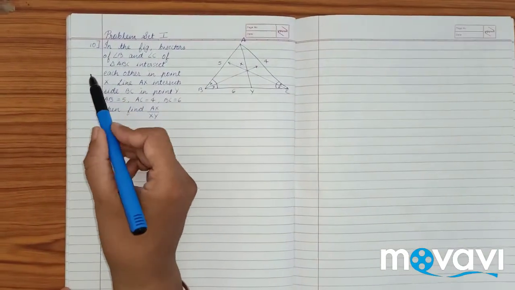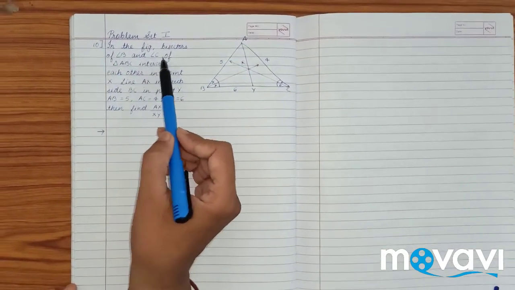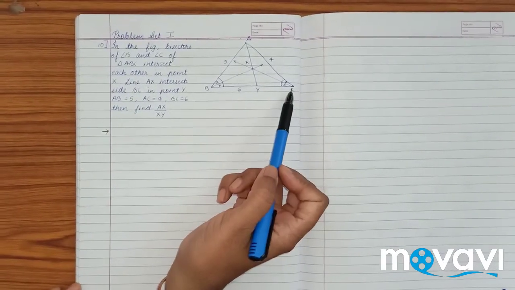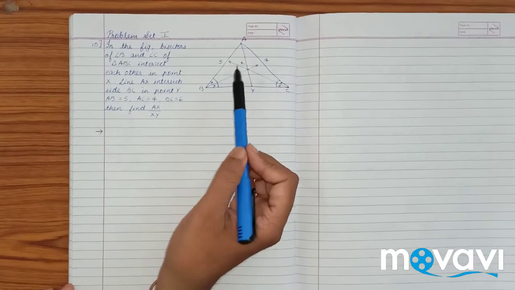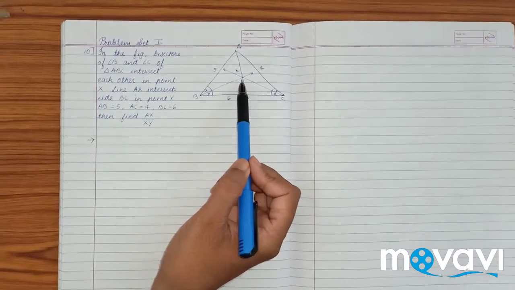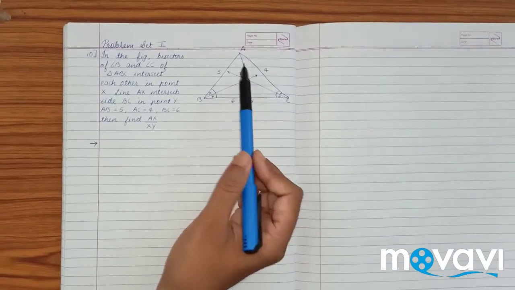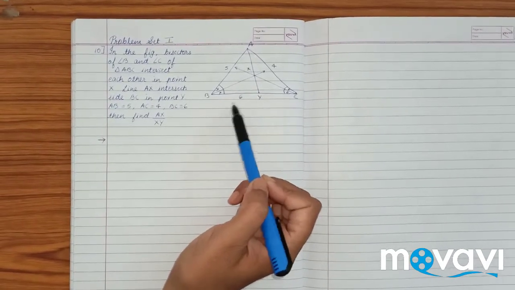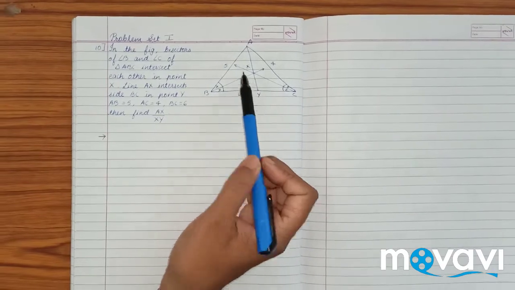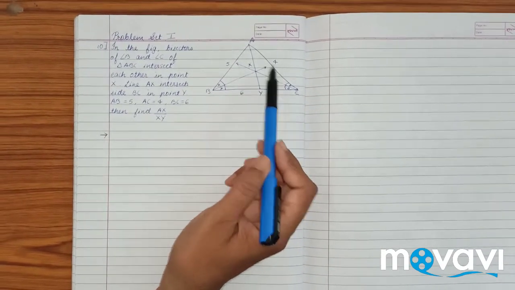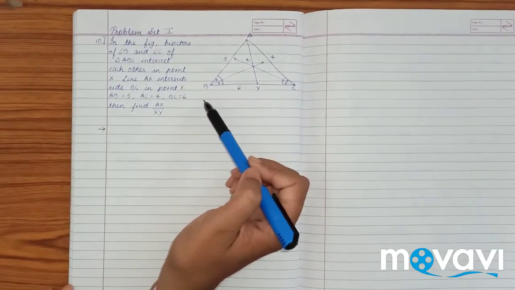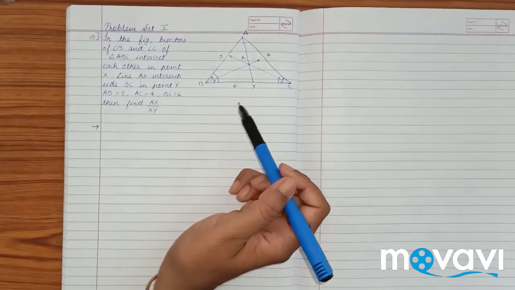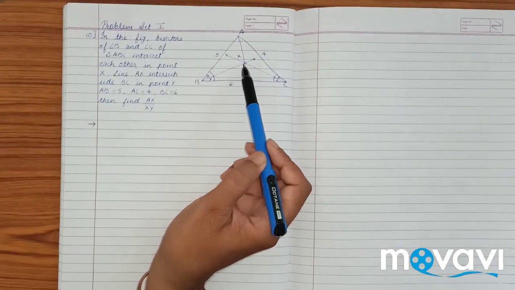So next example, the 10th one. In the figure, bisectors of angle B and angle C of triangle ABC intersect each other in point X. Line AX intersects side BC in point Y. AB is given as 5, AC is given as 4, BC is given as 6. What you are supposed to find is AX upon XY.